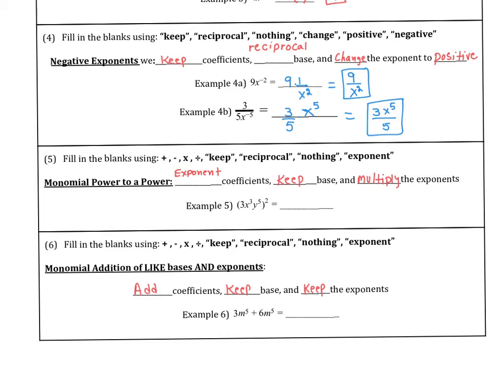In this case we can, but we will keep the exponent as it is. We are not going to add that. We are only going to add the coefficients at this point.